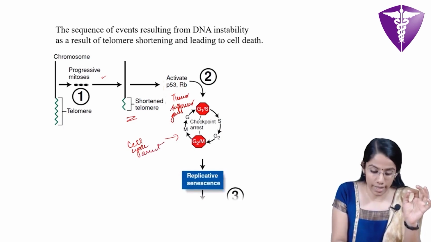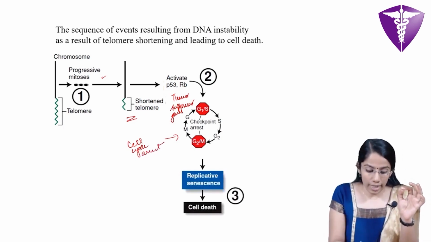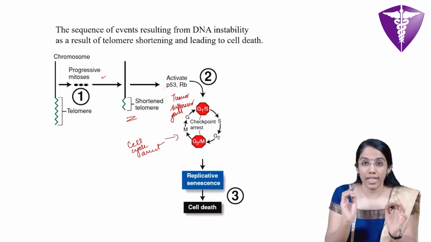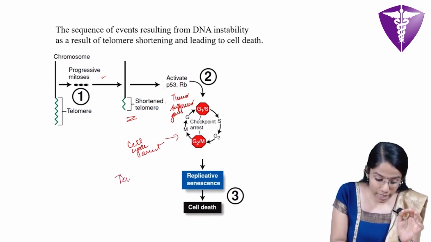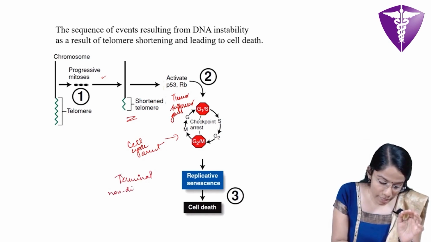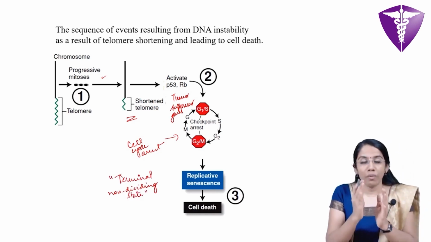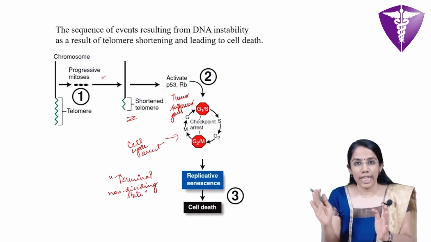Cell cycle arrest, in turn, leads to replicative senescence. Replicative senescence refers to a terminal non-dividing state, which eventually progresses to cell death.